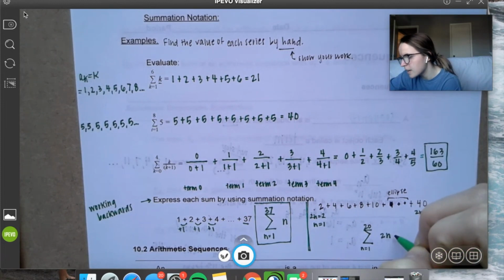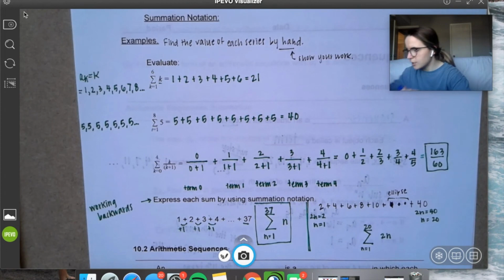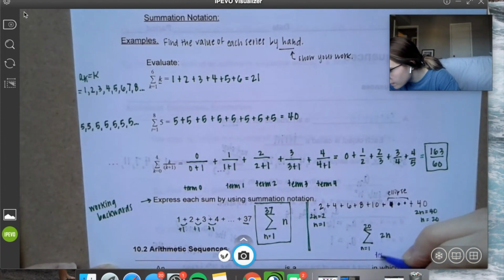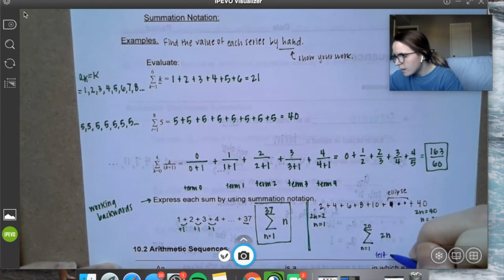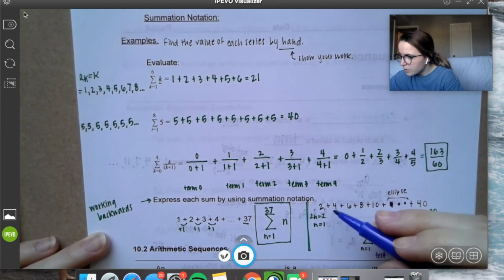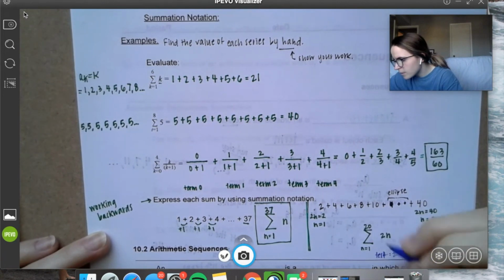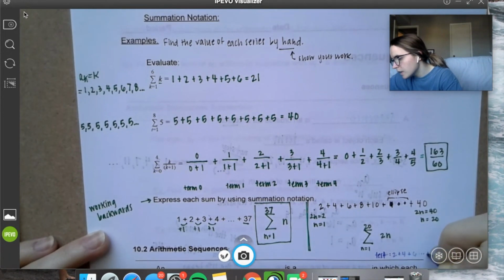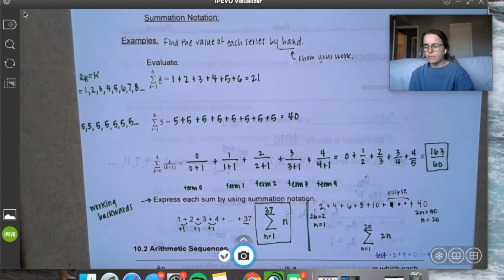If we were to test this out, which it's always good to do, just to check your work, we end up with 2 times 1 is 2, 2 times 2 is 4, 2 times 3 is 6, and then 2 times 20 is 40. So we know that it works because of that.